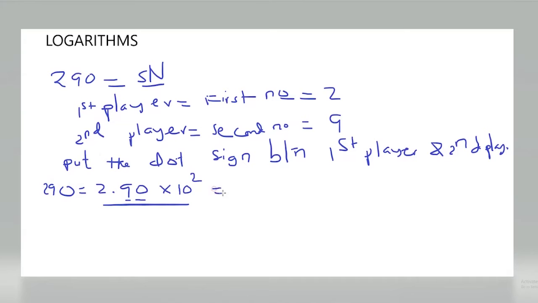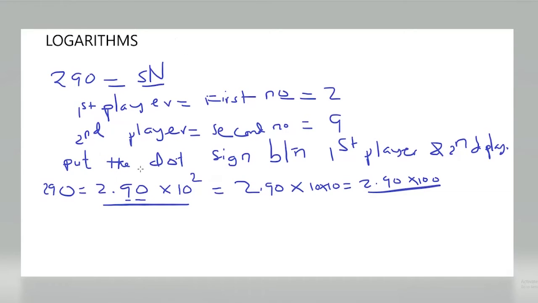If you want to prove it, you can see 2.90 times 10 squared is equal to 2.90 times 10 times 10, which is 2.90 times 100. Then you'll get 290.